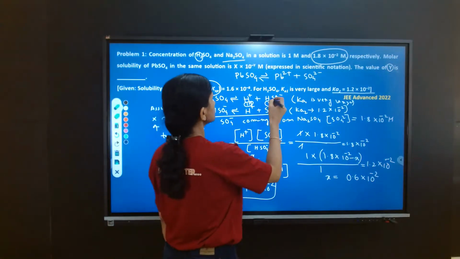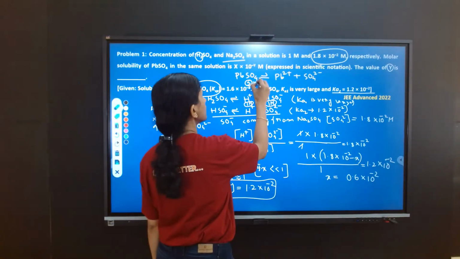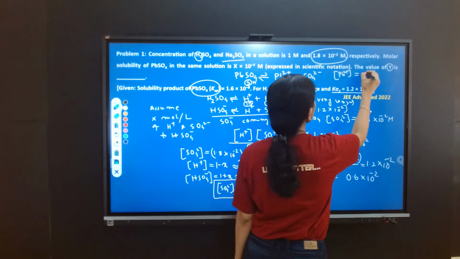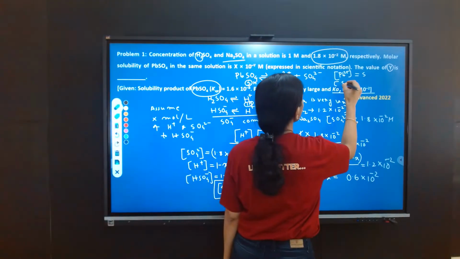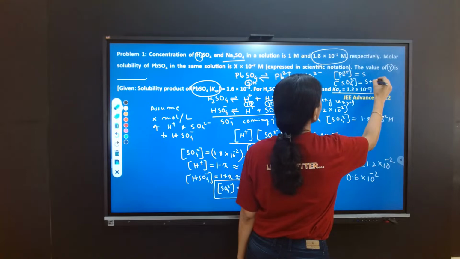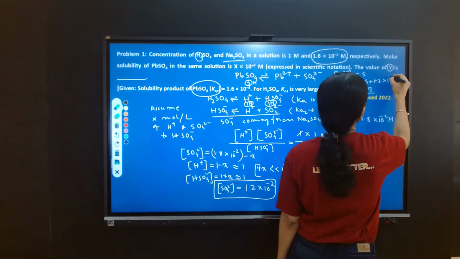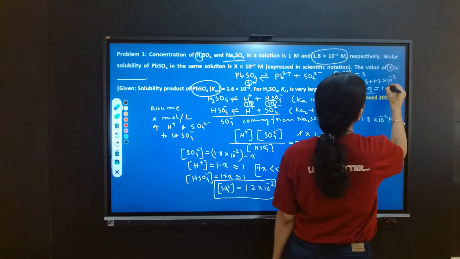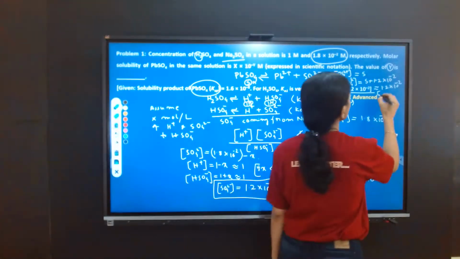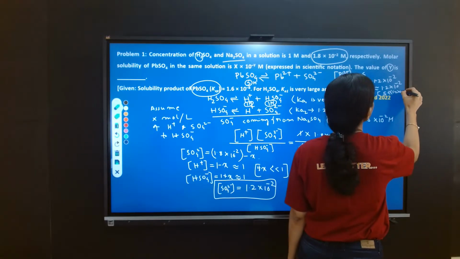Now if the solubility of the lead sulfate we assume as S molar, then the concentration of Pb2 plus is S and the concentration of SO4 2 minus is equal to S plus 1.2 times 10 to the power minus 2, which can be equal to 1.2 times 10 to the power minus 2, if you take the condition that S is much less than 1.2 times 10 to the power minus 2.